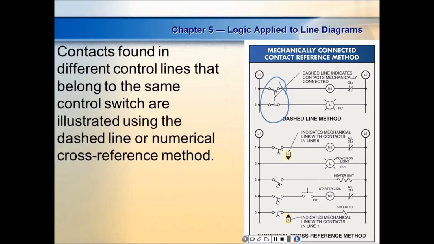So notice what they've done. Here in line 1, I have a pressure switch. Now these 2 pressure switches are together. They're in the same unit. It's just that pressure sensor opens the normally closed contact and closes the normally open contact, right? You understand? But we couldn't put them in consecutive line numbers.